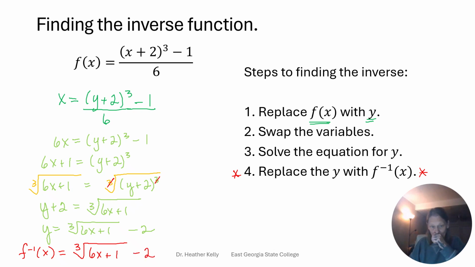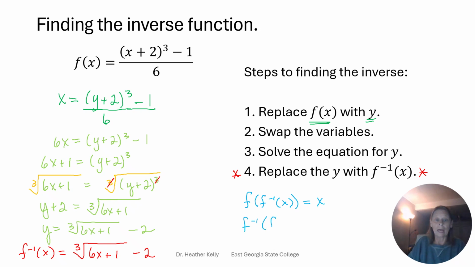Now, we could check to see if these guys were inverses of each other by composing the functions. And so what that means is f composed with f inverse, those undo each other and you're just left with that variable, and it works both directions.